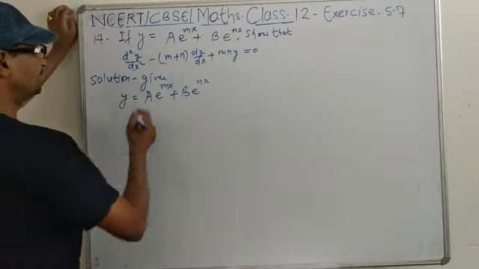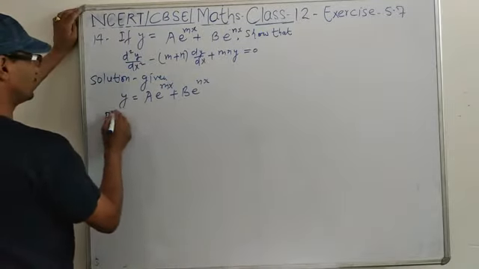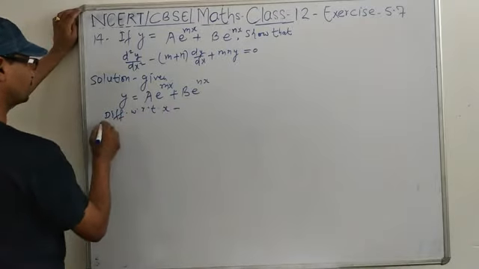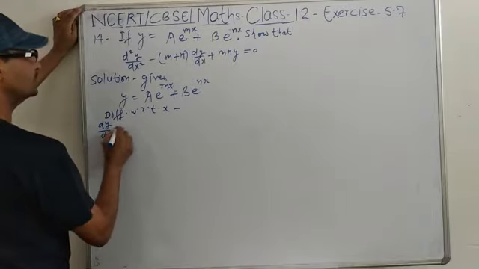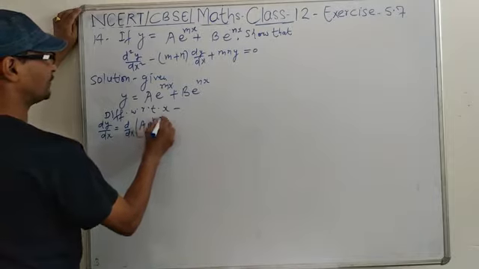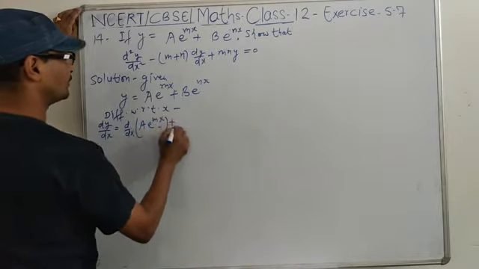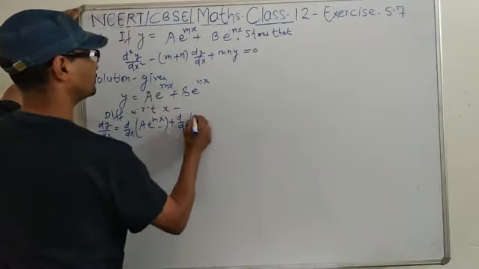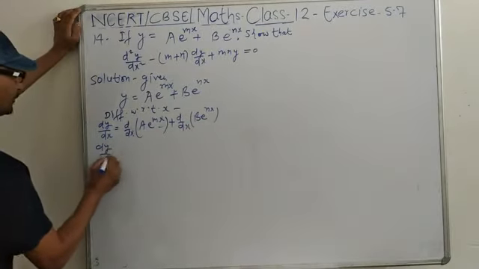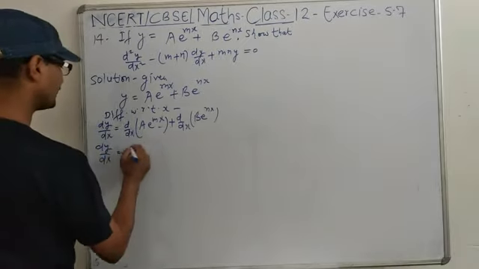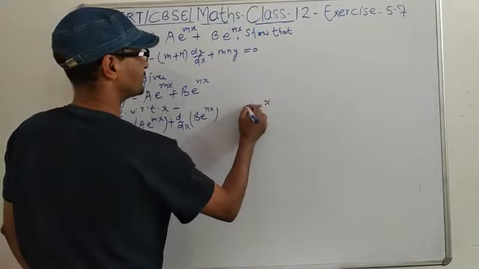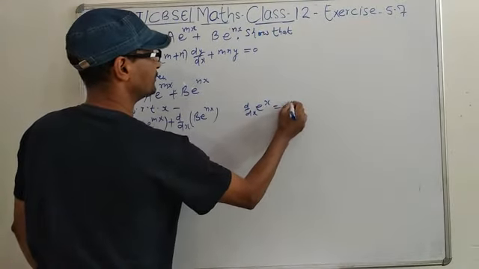So first we differentiate this. Differentiating with respect to x, dy by dx equals d/dx of a e power mx plus d/dx of b e power nx. Now a is constant, and the derivative of e to the power x is e power x.